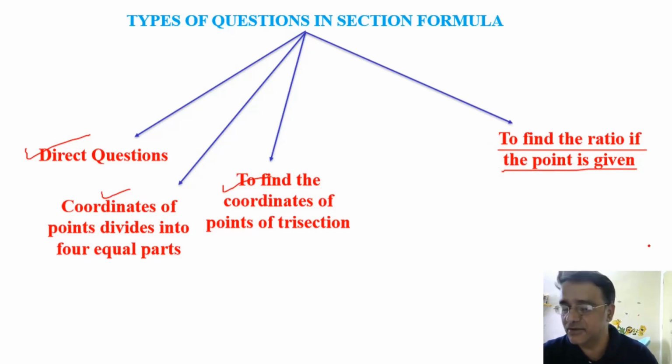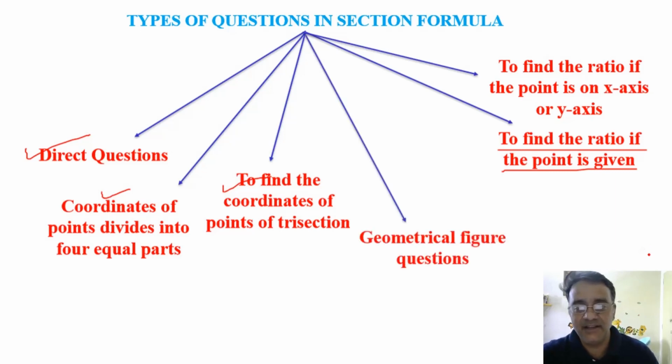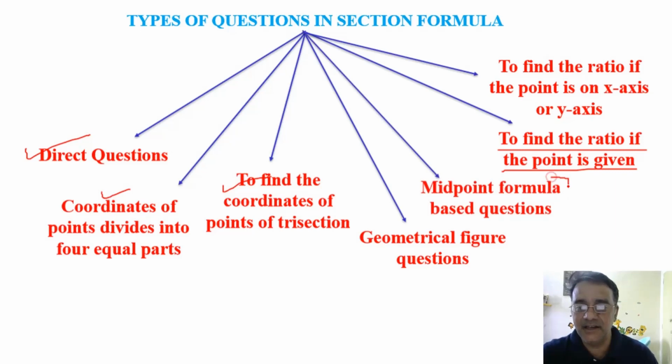Now this is a very good question, very important also. And one more question is there, to find the ratio if the point is on either x-axis or y-axis. And the next one is geometrical figure based questions, and the last one is midpoint formula based question. Though the centroid formula is not given in the syllabus, one question is there in the optional exercise.